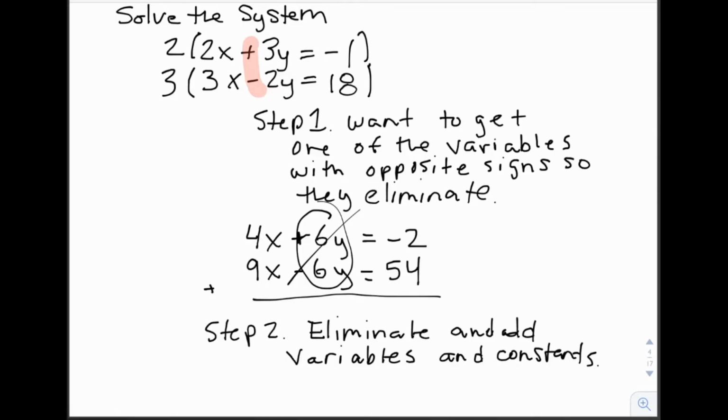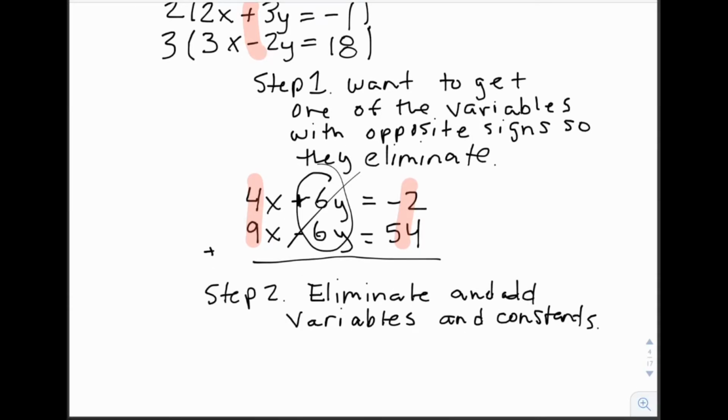So if we add these up, add the 9x and the 4x, and then add the negative 2 and the 54, let's see what that will give us. So that will get us a positive 13x equal to a positive 52.